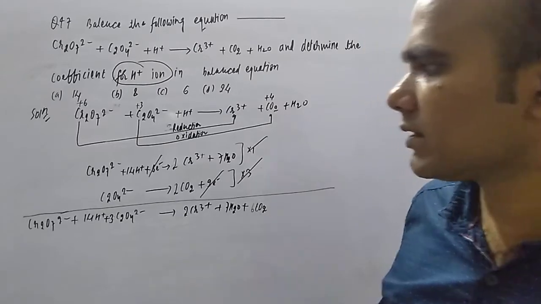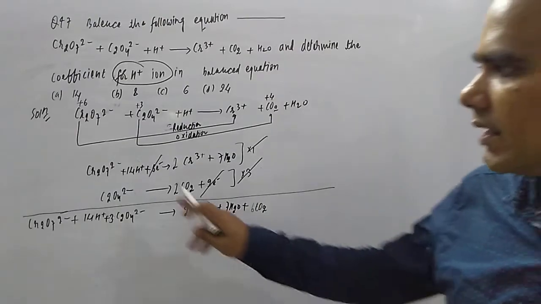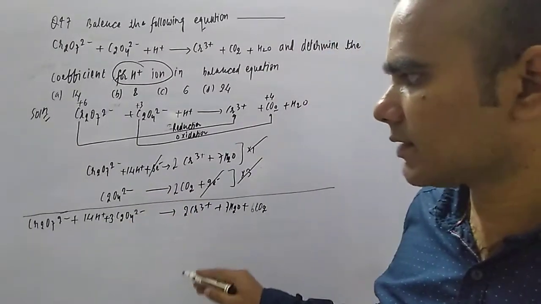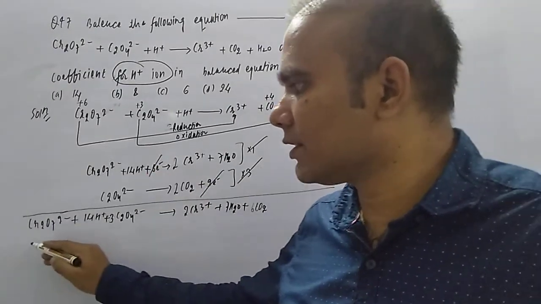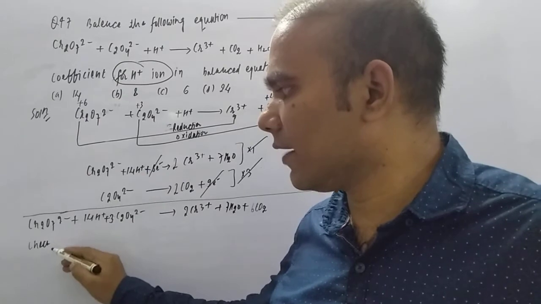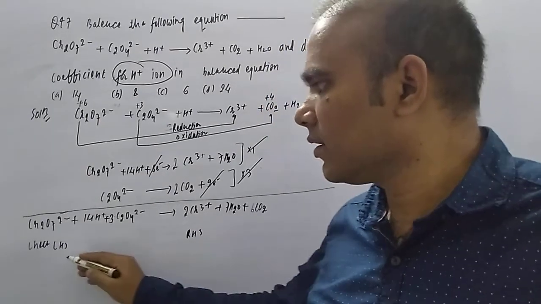Now you can check whether this is the balanced equation or not. Actually we got the answer already, but we are doing all the steps for the comfort of checking the answer. So check: the LHS should equal the RHS in everything.